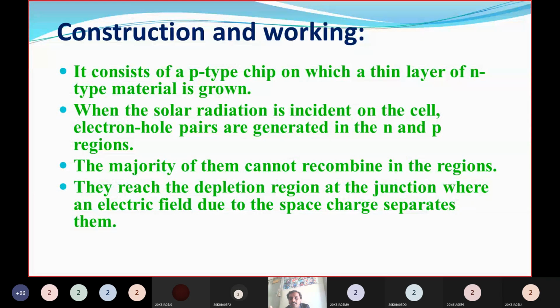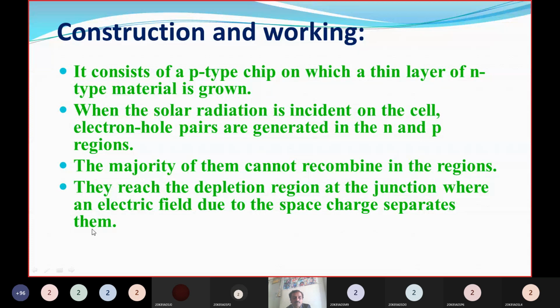Next point: the majority of them cannot recombine in the regions. They reach the depletion region at the junction, where the electric field due to the space charge separates them.